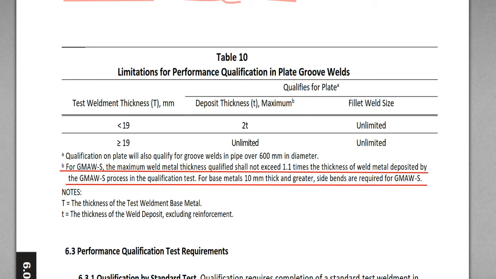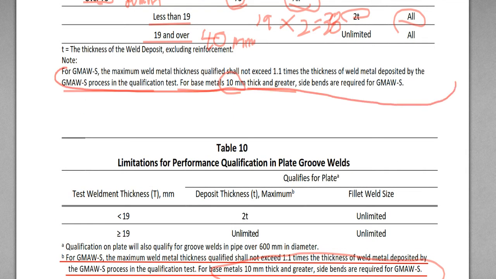GMAW-S, which means GMAW short-circuiting transfer mode. The maximum weld metal thickness qualified shall not exceed 1.1 times the thickness of the weld metal deposited by the GMAW-S process. And here sidebend test required, which is the same as this one.